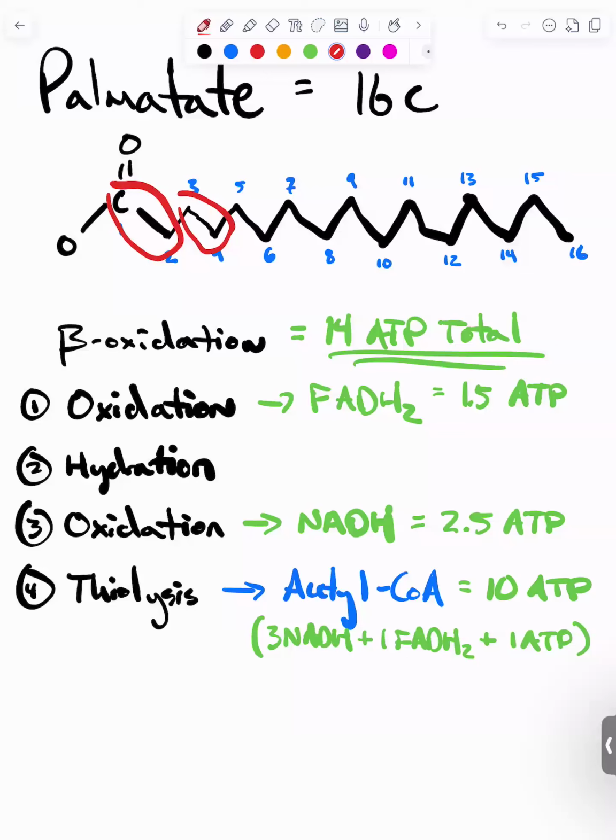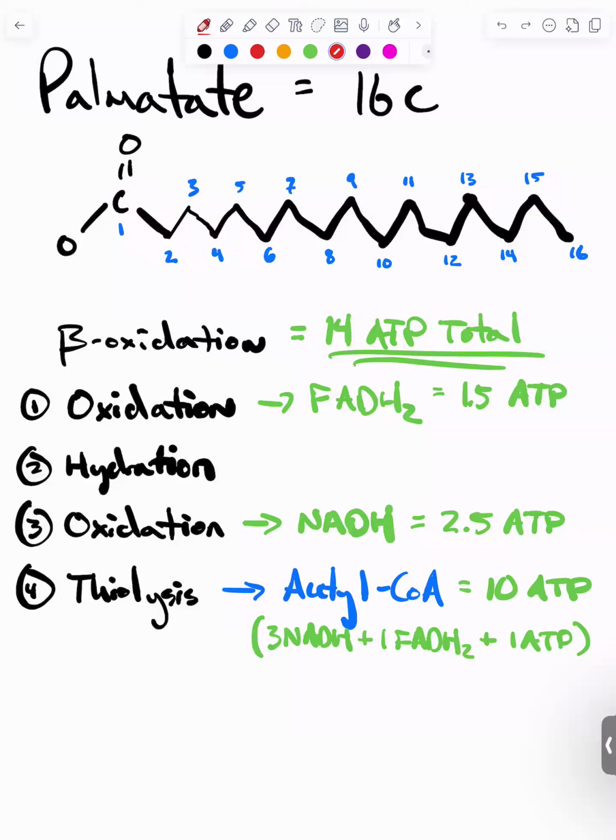And now you have this acetyl-CoA, and the new coenzyme A is attached to the remaining 14 carbons. And then it does it again. So we get an acetyl-CoA, and then we get a coenzyme A attached to the other carbon chain. That's why we break it apart from that end.